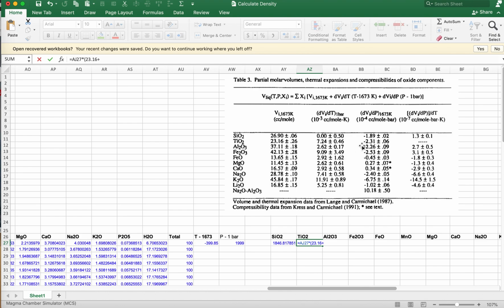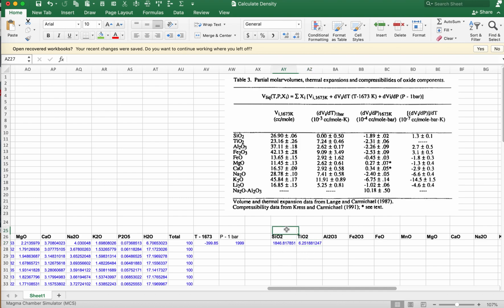And then we're going to add to that the temperature correction, and that is going to be 7.24 times 10 to the minus 3, multiplied by T minus 1673, which is this fellow here. And then we'll add to that the pressure correction, which is minus 2.31 times 10 to the minus 4, and that'll all be multiplied by the P minus 1 bar, which is this fellow here. Close the parentheses and then hit return. So that is our correction here.